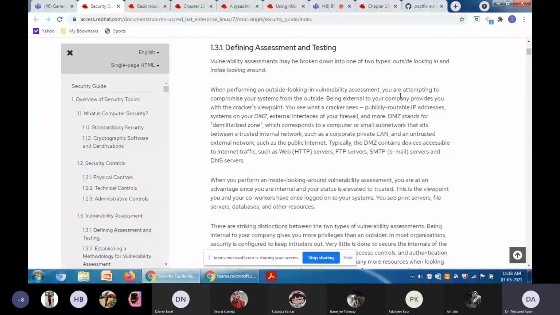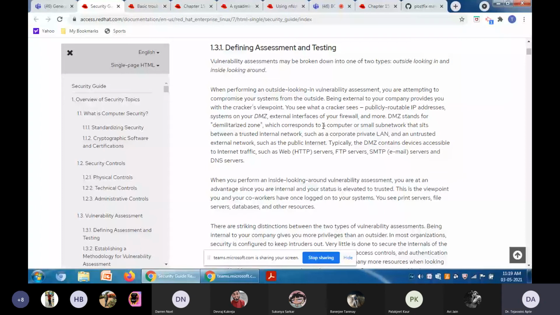When performing outside looking in, you are attempting to compromise your system from outside. You are external to your company, which provides you with the cracker's viewpoint. You will see the publicly routable IP addresses and systems on your DMZ. DMZ stands for demilitarized zone, which is kept isolated from your public network.